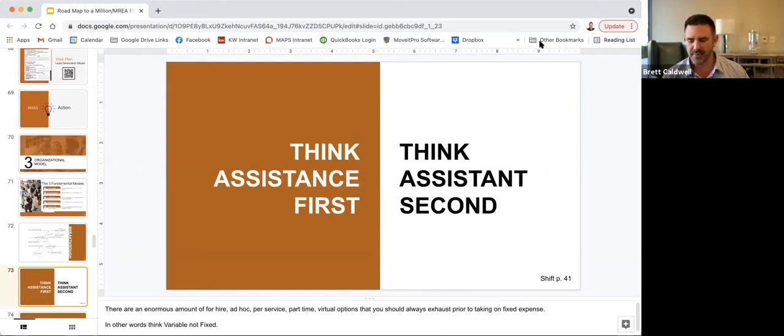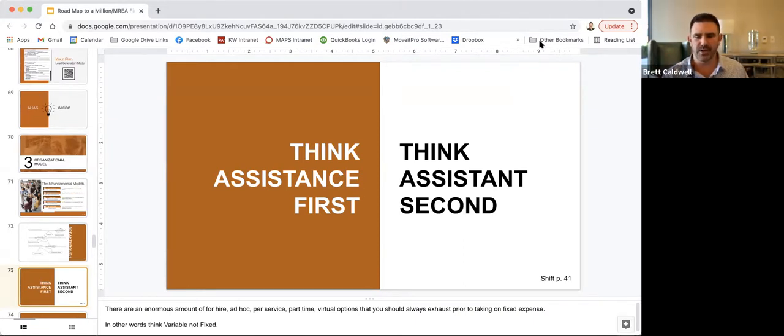So another way to think about this is, assistance is variable, meaning I hire it when I need it, but it's not on my payroll, where assistant is a fixed expense that's on my payroll. And just holding growth accountable, holding money accountable, we should always go to variable expense first prior to fixed expense.